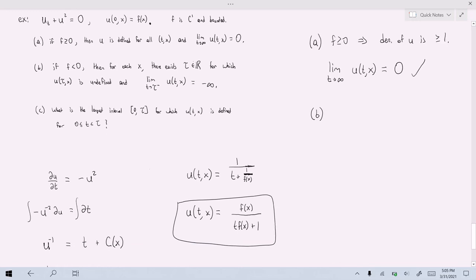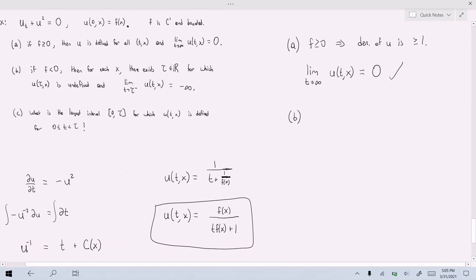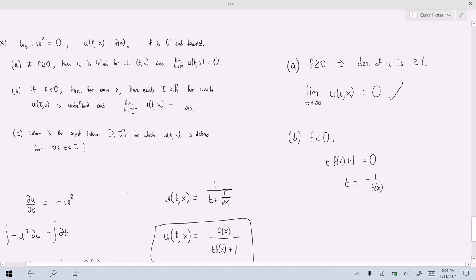In part B, if f is less than 0, then we've got a problem because the denominator will be equal to 0 when t is negative 1 over f of x. I guess we should specify t since we're thinking of t as time.